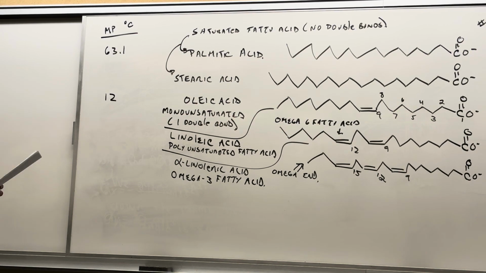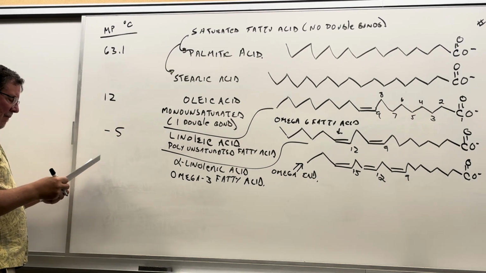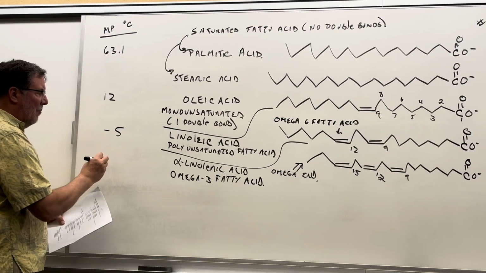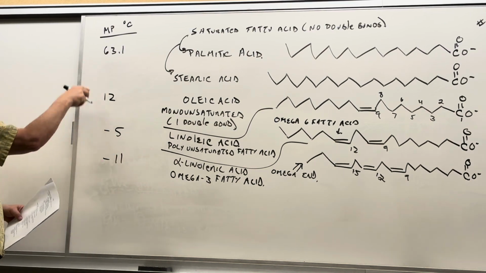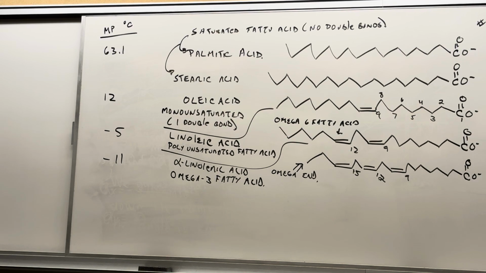And if we introduce more double bonds, for linoleic acid it's -5, and for alpha linolenic acid, it's -11. But the big change was just introducing any double bond. So introducing any double bond really changes the physical characteristics of the fatty acid.